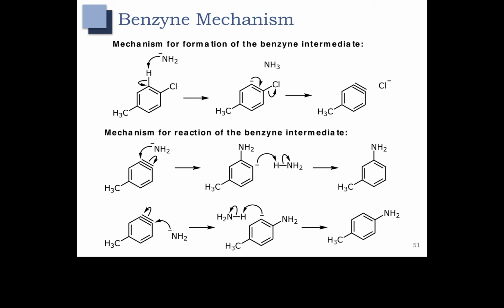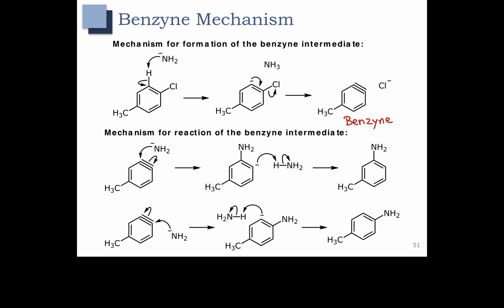This negative charge then comes down and kicks out a chlorine, and we have this highly unstable benzyne intermediate. So this is the benzyne intermediate right here. It's got a triple bond in a benzene ring, which you can imagine is very, very unstable. This is highly strained, and that makes it extremely reactive.